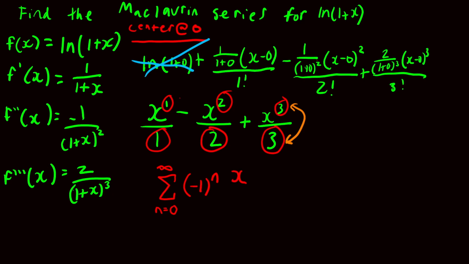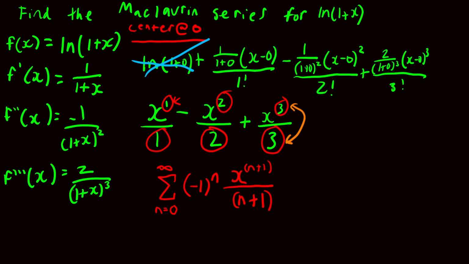And it's x to the first term, right? So if we start at 0, this will be n plus 1. And this will be n plus 1. Obviously, it will be n plus 1, because if I put in 0, it will be x to the 1 over 1, the first term. But also, look, they're the exact same.